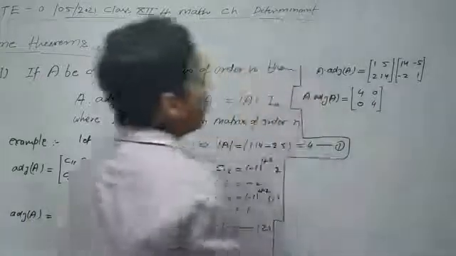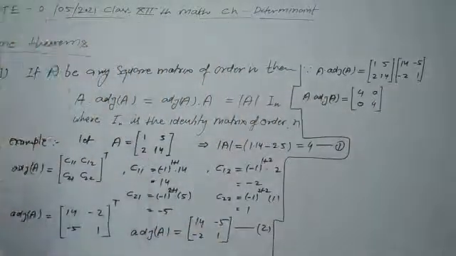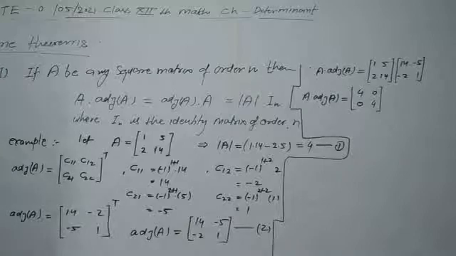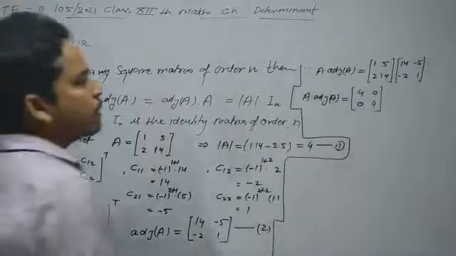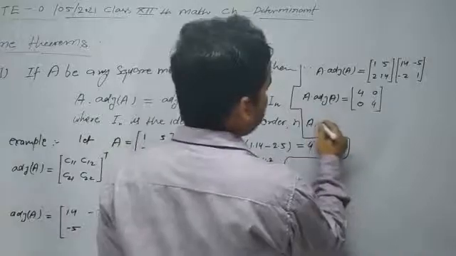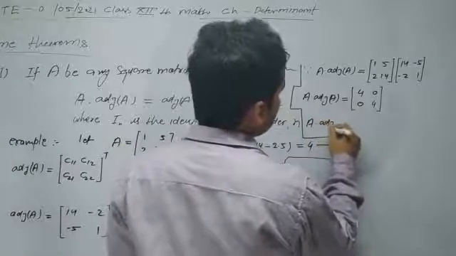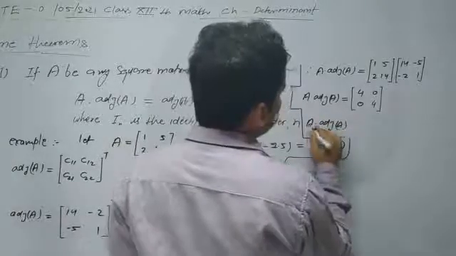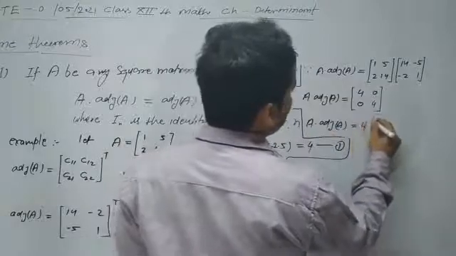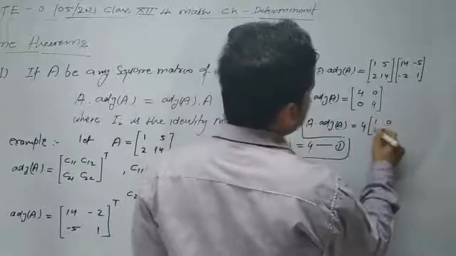So this is A into adjoint of A, and we can take 4 common: 4 times 1 0 0 1.